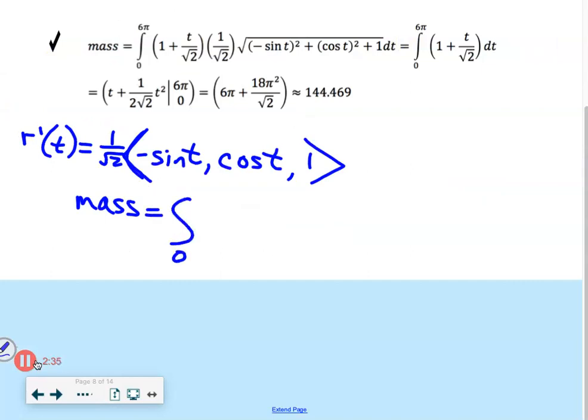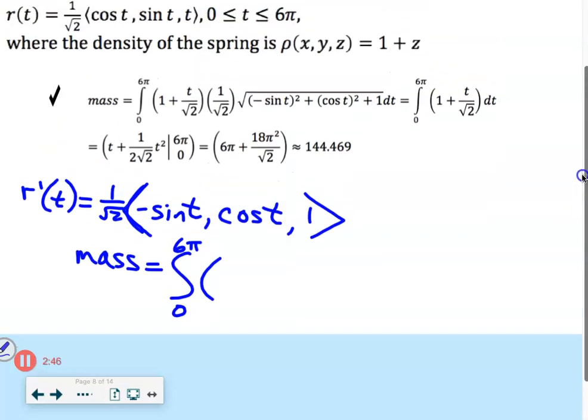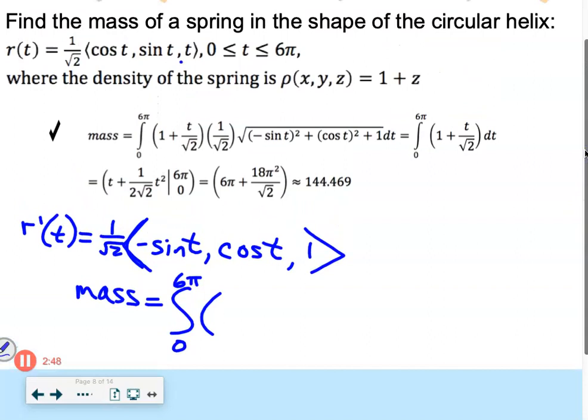Right? Okay, so our mass is the integral. They gave us the limits, 0 to 6 pi of 1 plus z, and z was t over root 2.